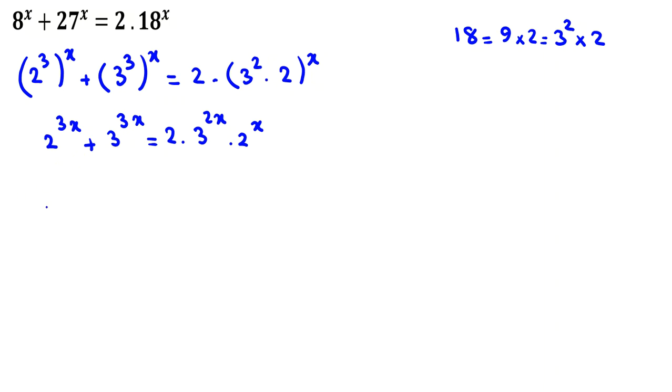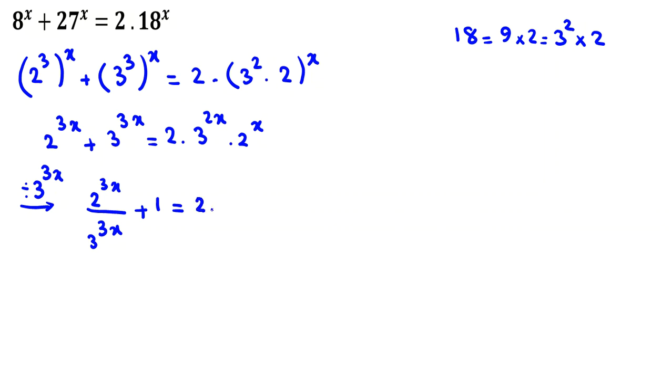So I want to divide both sides by 3 to the power of 3x. So it will be what? 2 to the power of 3x over 3 to the power of 3x plus 3 to the power of 3x over 3 to the power of 3x is 1. And we know it is not 0 when we want to divide something. 3 to the power of something is not 0.